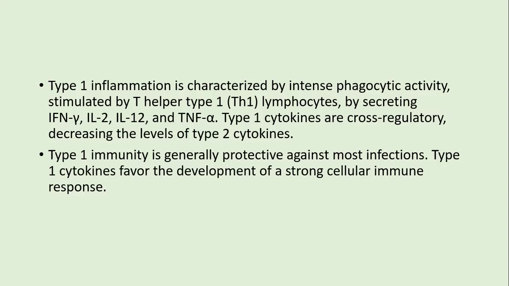Type 1 immunity is generally protective against most infections. The type 1 cytokines favor the development of strong cellular immune response. So, this limb of immunity is mainly the cellular immunity, a response generated by macrophages or phagocytic activity.